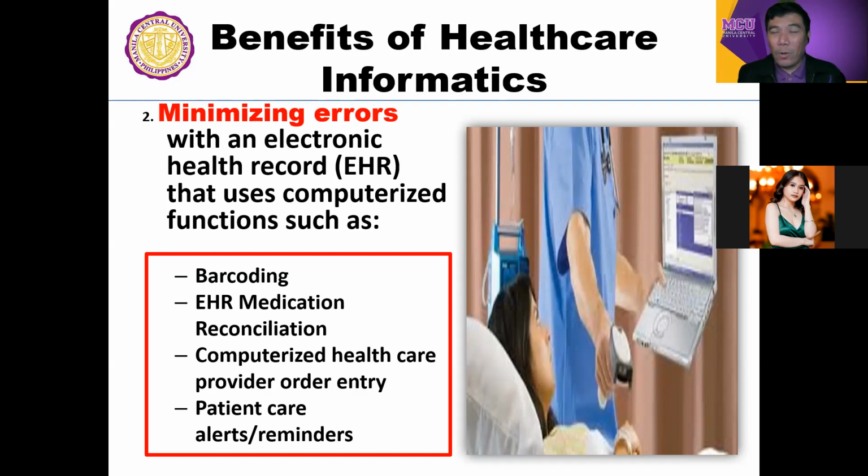In minimizing the errors, records are very important, and accessibility of the healthcare providers such as nurses is being used on the computerized functions. That's why even protection and data privacy are also being considered as part of the ethical issues. However, these are being considered as part of the measures in healthcare informatics on how we will still protect the access and how we will protect the rights of the data subjects who are our stakeholders.